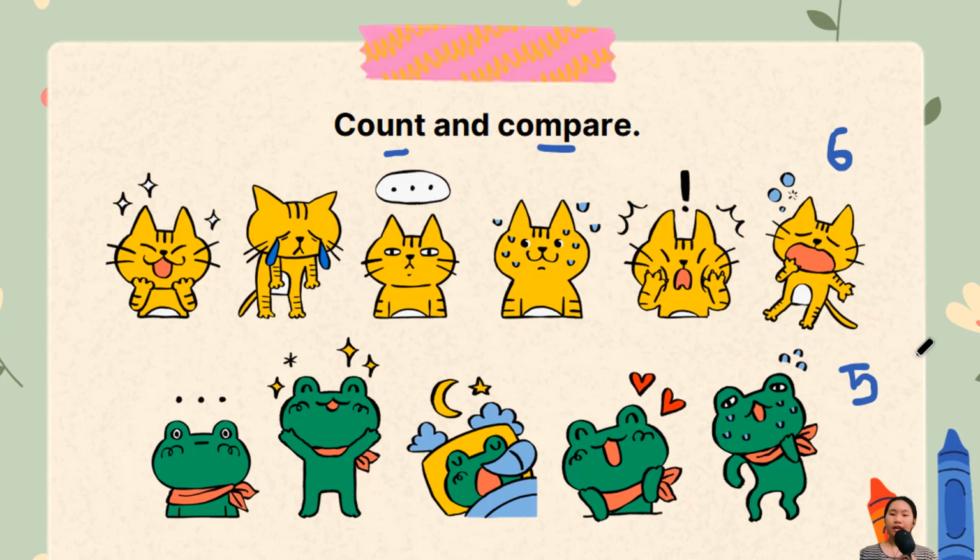So cats is greater than frogs, and frogs is lesser than cats, okay? So that is what we're dealing with here. We're just counting and comparing, or in other words, we're counting our data and we're comparing them to see which one is greater and which one is lesser.